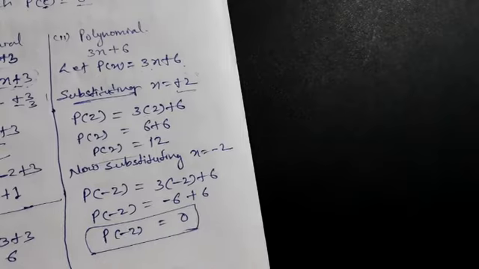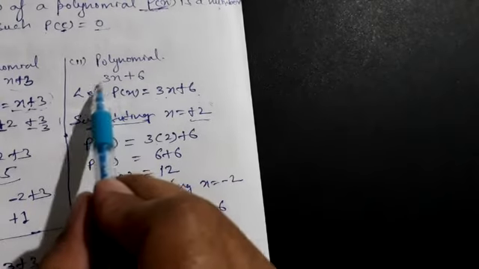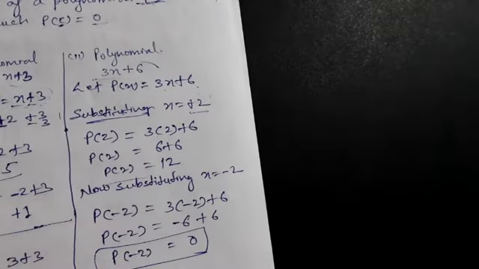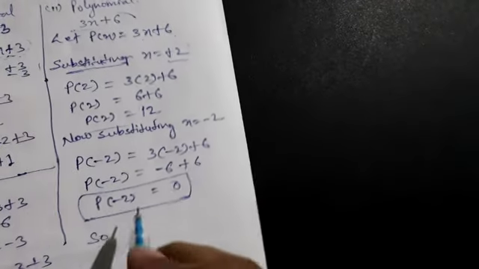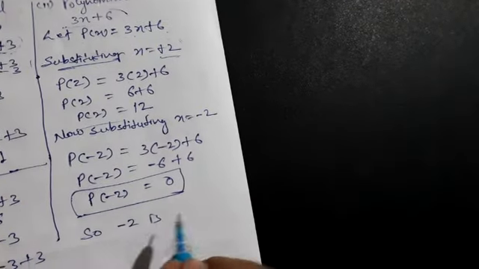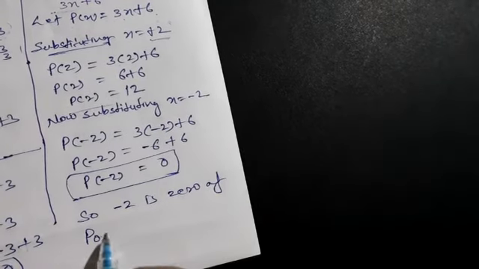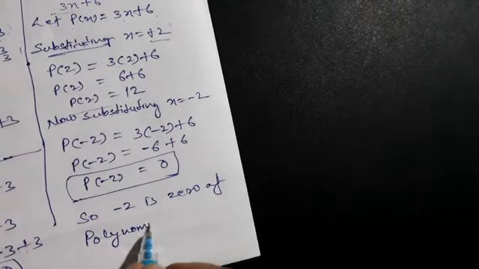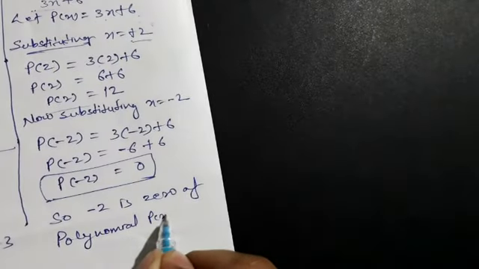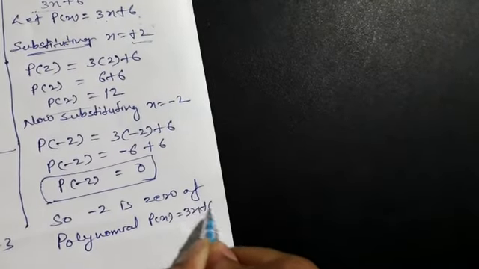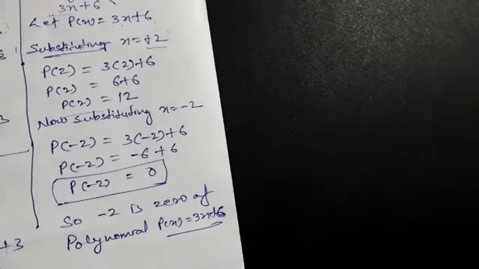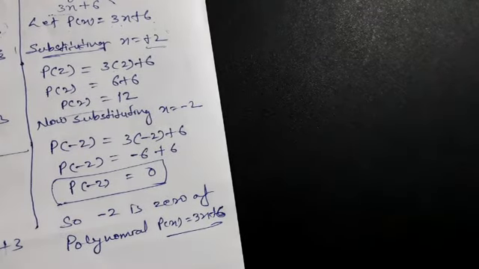So here, after substituting x equal to minus 2 in this polynomial, the value of the polynomial is 0. So minus 2 is a zero of the polynomial p of x, or you can say 3x plus 6. Getting this or not? So perhaps you have understood this. Okay, okay children.